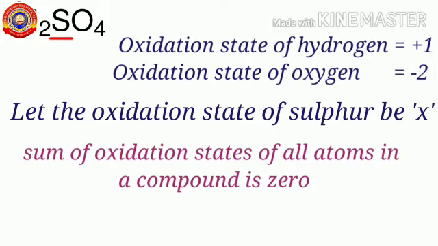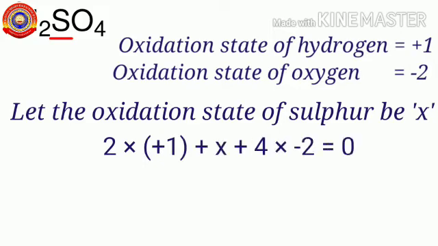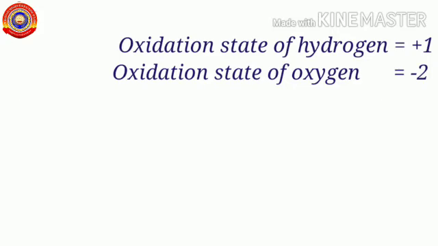Since there are 2 hydrogen and 4 oxygen atoms in H2SO4, the sum can be written as 2 × (+1) + X + 4 × (-2) = 0. By solving for X, we get X = +6. That is, the oxidation number of sulfur in H2SO4 is +6.